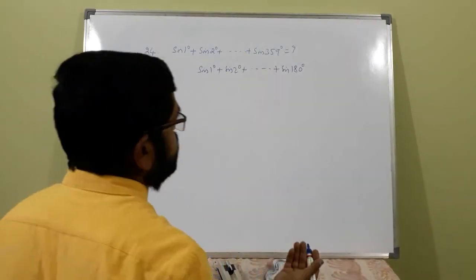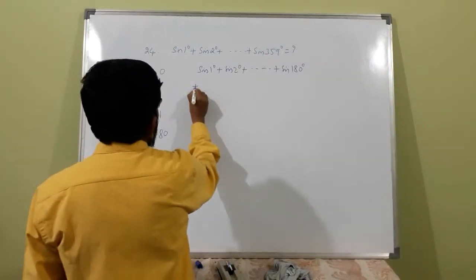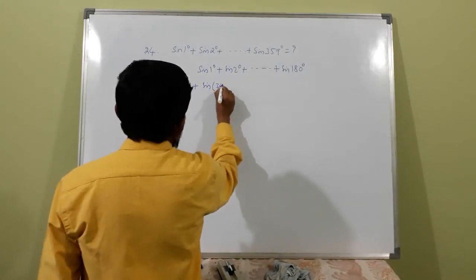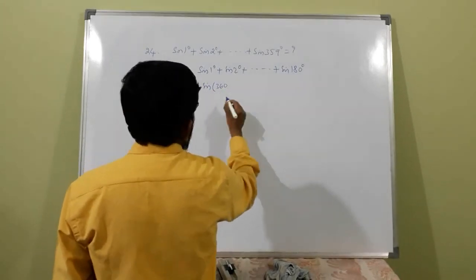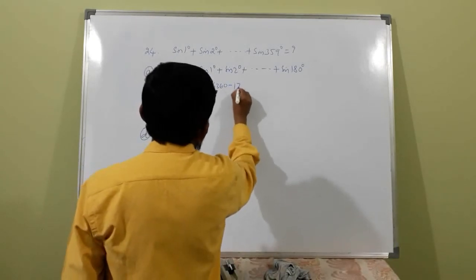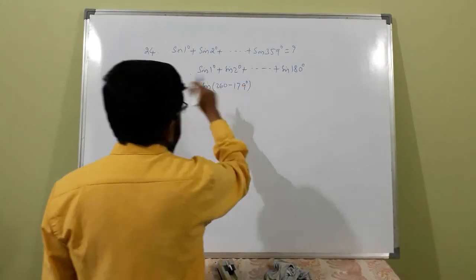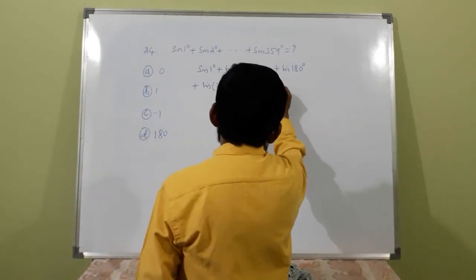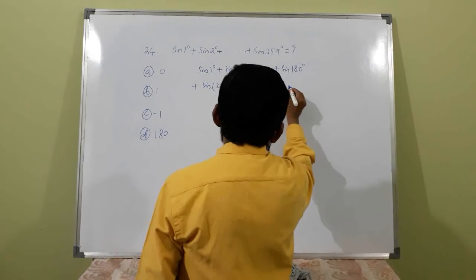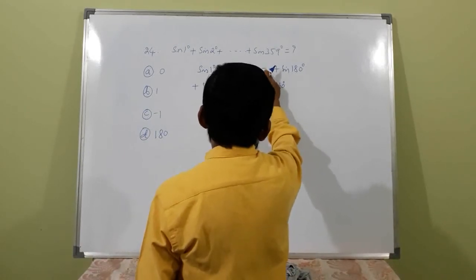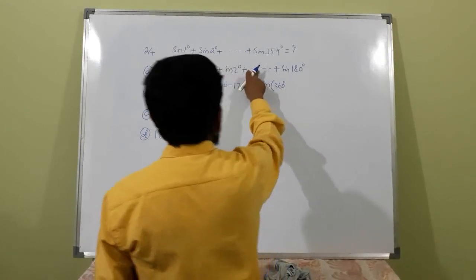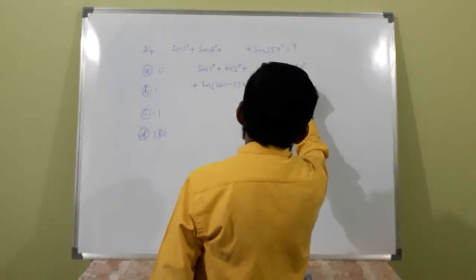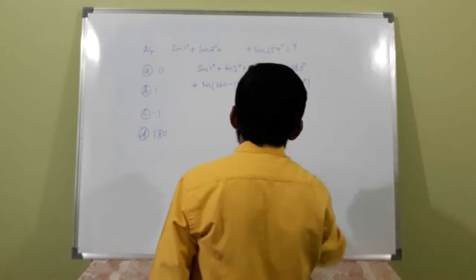Next, from 181 onwards, plus sin 181, plus sin of 360 minus 179, because sin 179 is here, sin 178 is here, minus sin 178 degree.